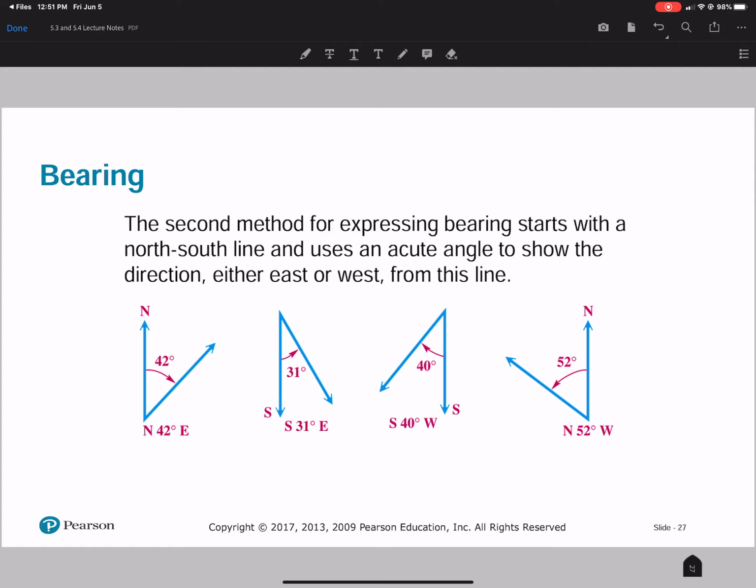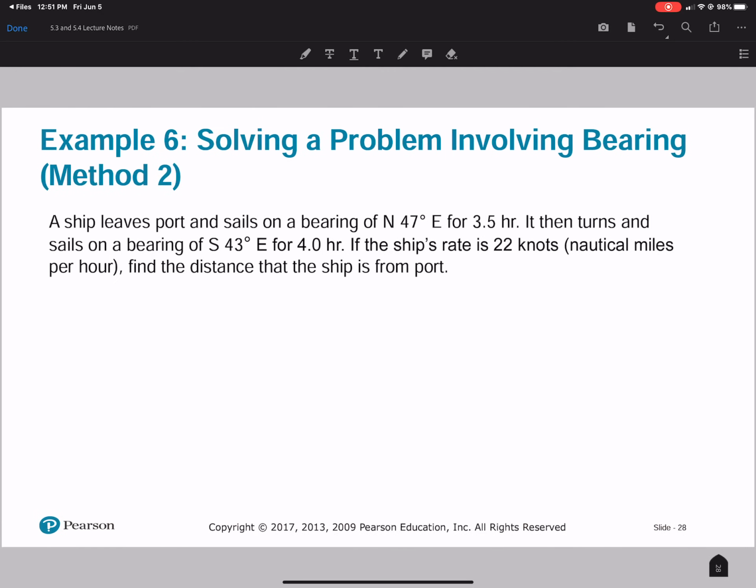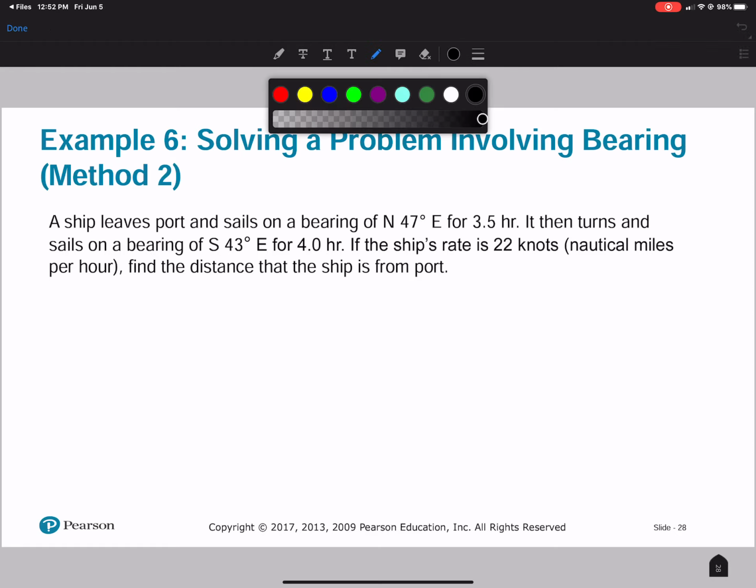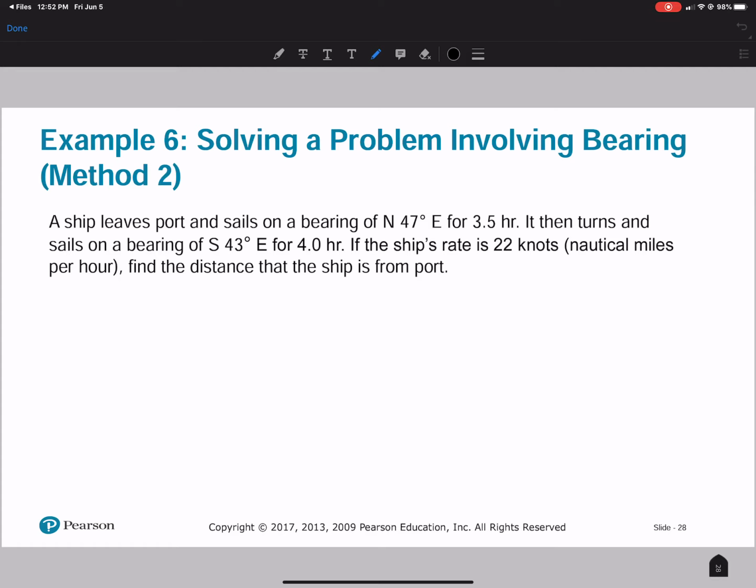So look at these angles, because when you're actually drawing these, you've got to draw what direction is actually telling you which way to go. So let's look at something. It says a ship leaves a port and sails on a bearing north 47 degrees east.